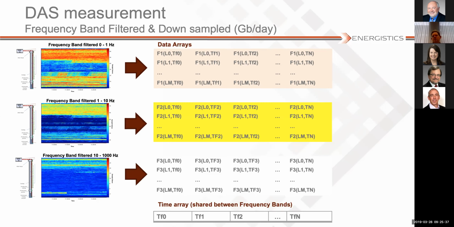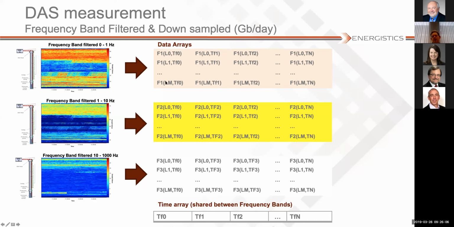Here you see again an array representation of that. Now, of course, if you use a Fourier transform, then basically what you do is average and sum over certain windows. So you have one time array representing the start times of these windows, and then all these frequency bands will have a sample along the fiber.